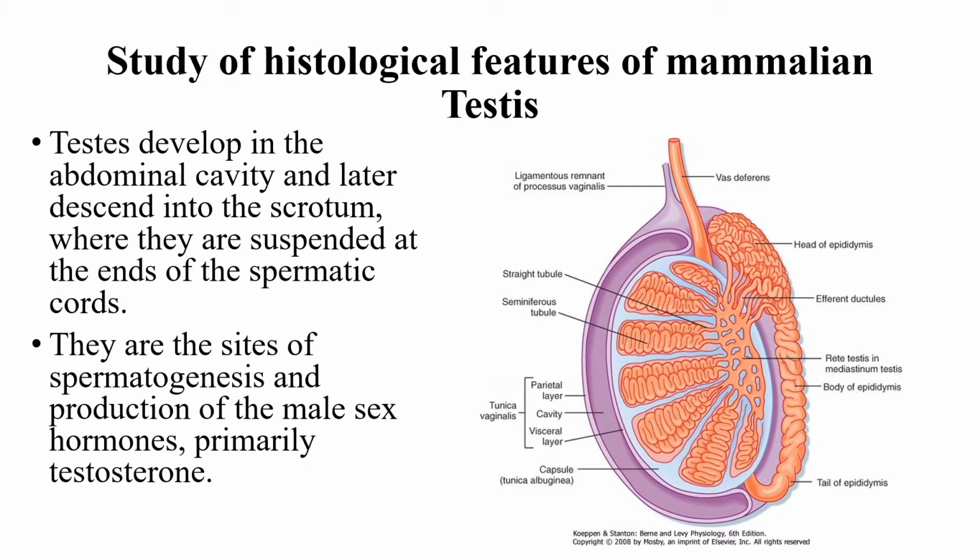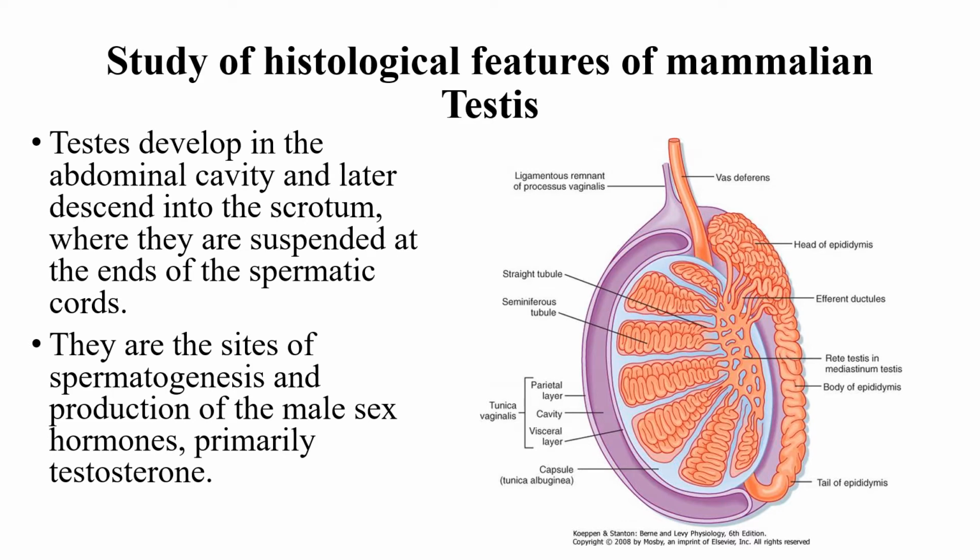The testes develop in the abdominal cavity and later descend into the scrotum, where they are suspended at the ends of the spermatic cords. They are the sites of spermatogenesis and production of male sex hormones, primarily testosterone.